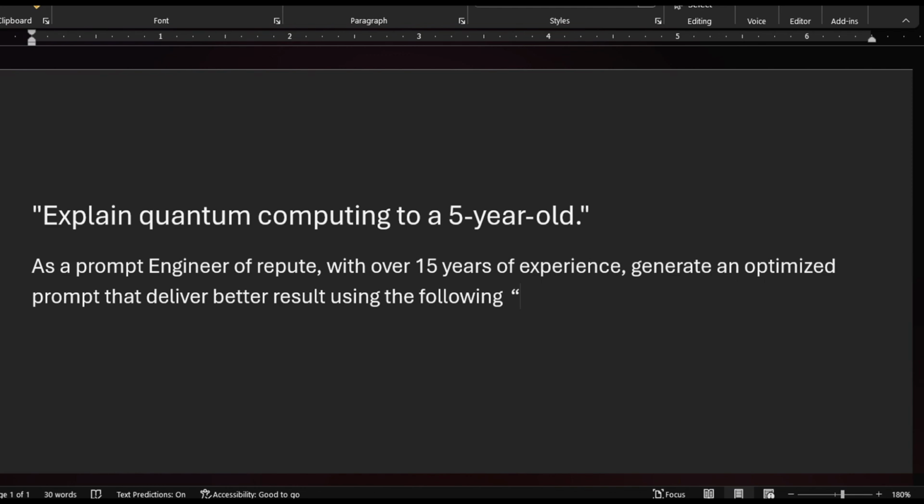So inside this place, I still want to assign a role to whoever is explaining. Remember, it is not the prompt engineer that is explaining. The work of the prompt engineer is actually to optimize the role of the explainer of quantum computing.